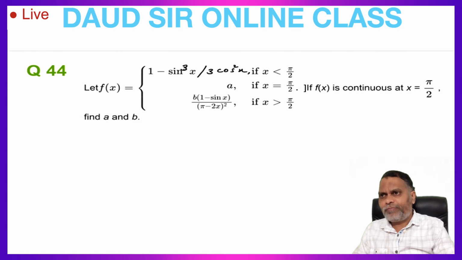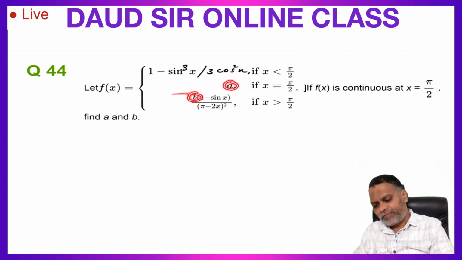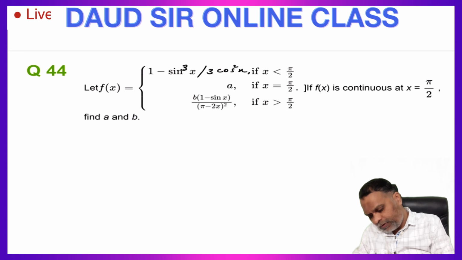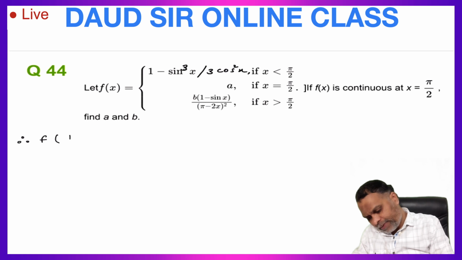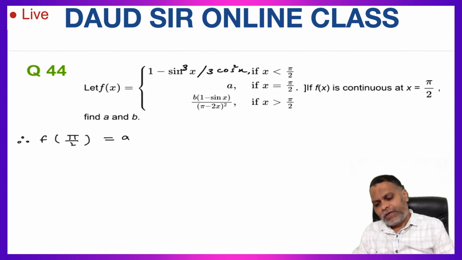So in this question, the function is given continuous at x is equal to pi by 2, so we have to find out the missing values of a and b. Therefore, f of pi by 2: at x is equal to pi by 2, the value of function is a. f of pi by 2 is equal to a.